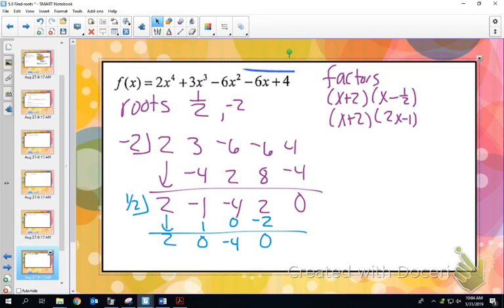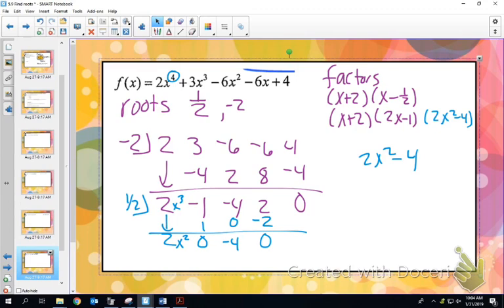We started with 4th degree, so this answer is 3rd degree, so this answer is 2nd degree. So this is 2x squared minus 4. So that is my other factor. If you wanted to take the GCF out, you could, but again, that's kind of what your factor is.